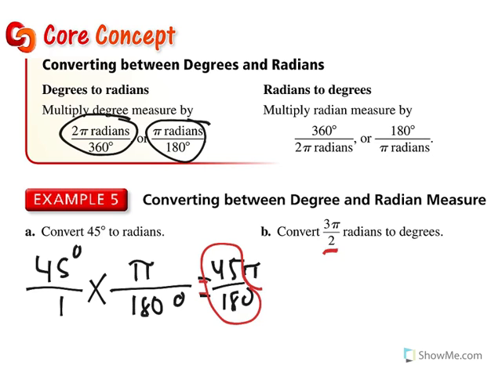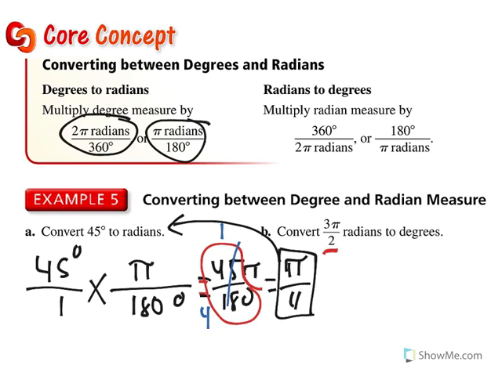And whether you just put it in your calculator and do math fraction, or if you know what to divide it by, that's up to you. It's going to simplify down to be 1 over 4. So that means this answer here is just pi, because 1 pi, I don't need the 1, I can just do it as pi over 4 would be my answer for A. Okay, so 45 degrees in radians is pi over 4.